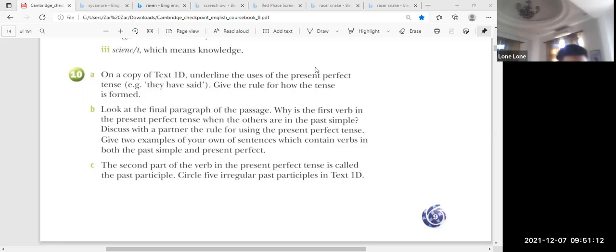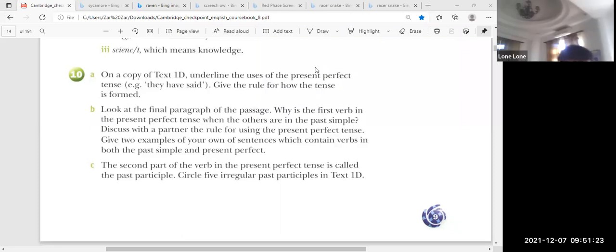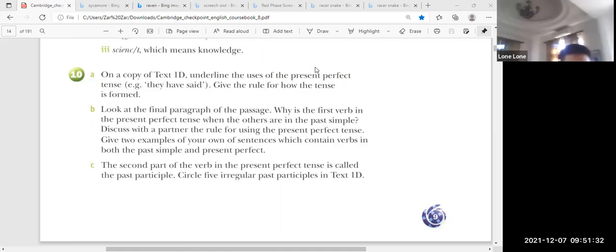Prometheus was a Titan, one of the old gods. Okay. And according to the passage, which god is more powerful, Prometheus or Zeus? Thuzar. Okay, thank you very much.